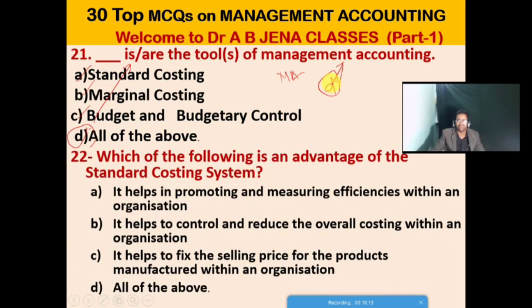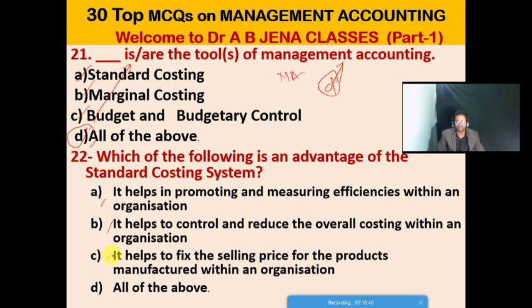So next MCQ. Which of the following is an advantage of the standard costing system? A, it helps in promoting and measuring the efficiencies within an organization. B, it helps to control and reduce the overall costing within an organization.